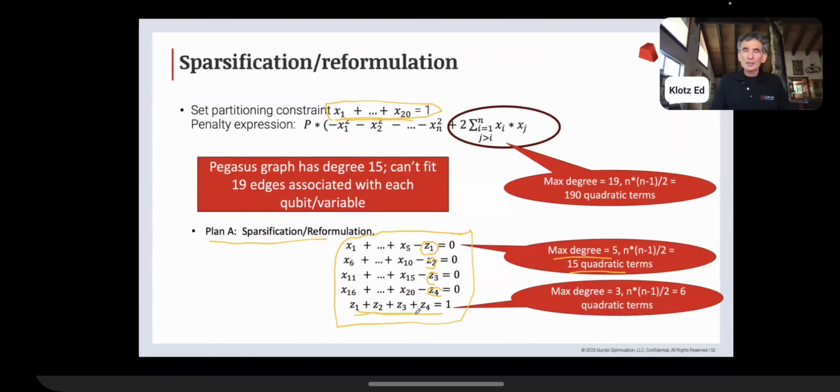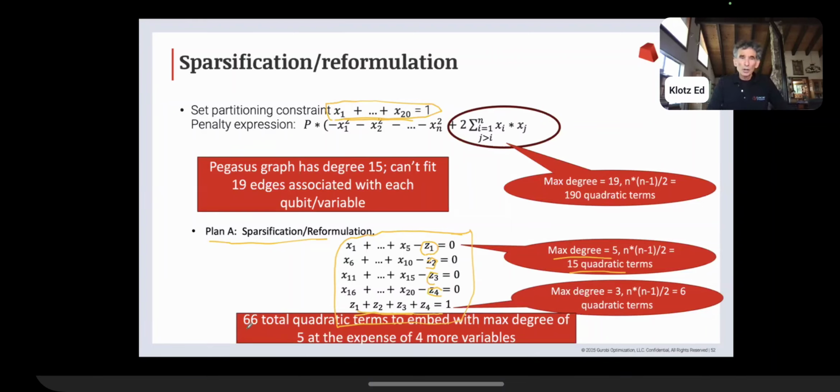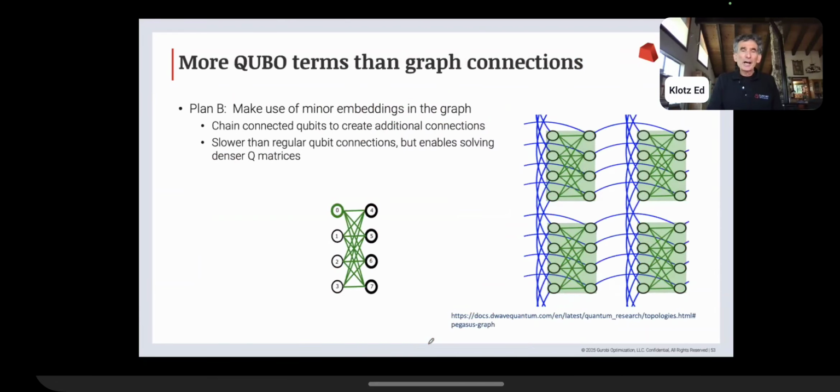We then have our last constraint with a max degree of 3, which yields 6 quadratic terms. So a total of 66 total quadratic terms to embed with a max degree of 5 at the expense of 4 more variables. So this is a favorable trade-off. By reformulating, we make the process of embedding that much easier.